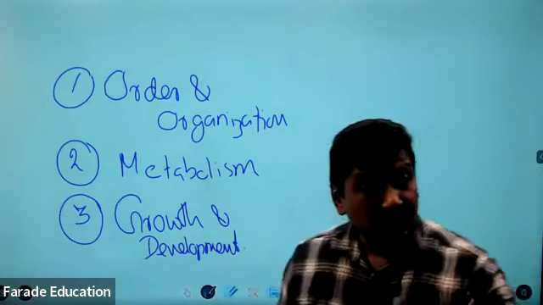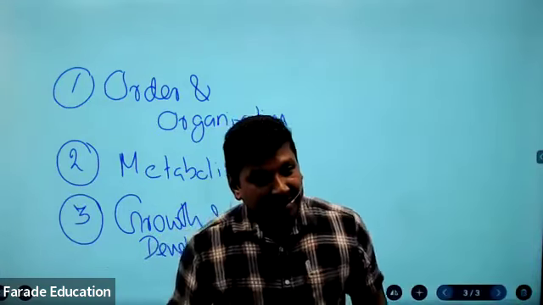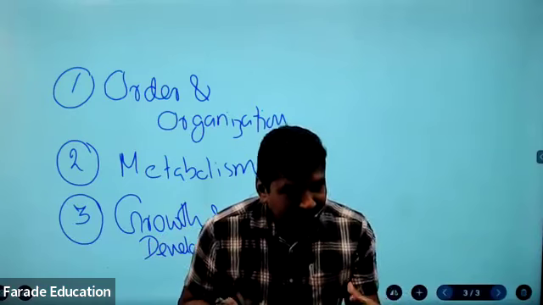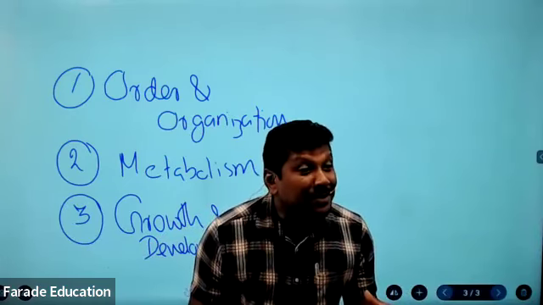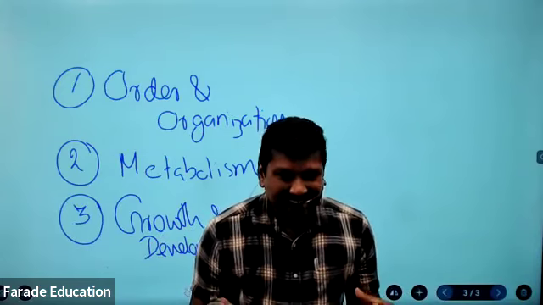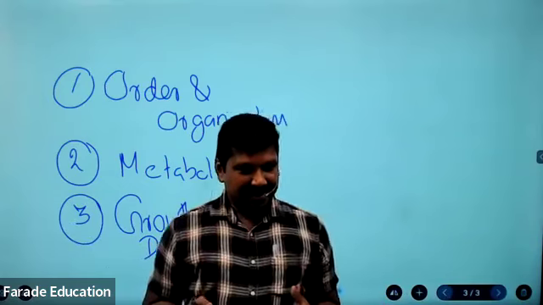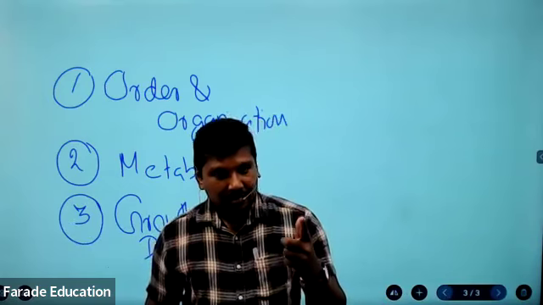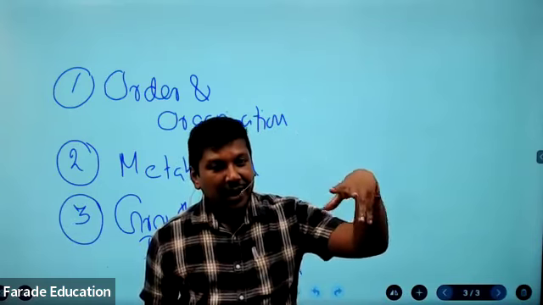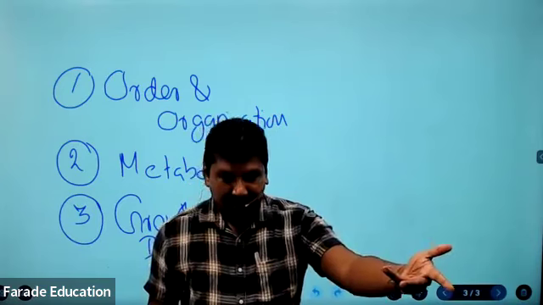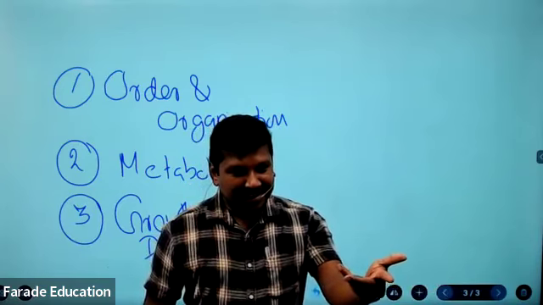Now, when you were born about 16 years ago, what was your size? It was this much. And your weight was between 2.5 and 3.5 kilograms. Now you are grown, you are taller than 5 feet, and your weight is more than 50 plus, right? You know my weight, I'm 90.